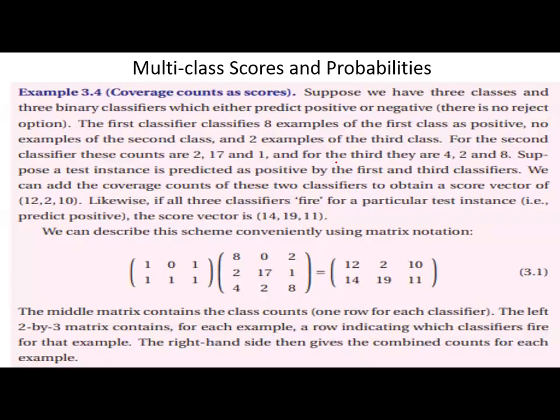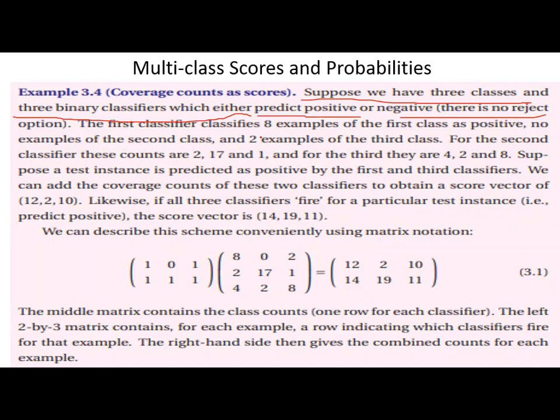Let us see an example. Suppose we have three classes and three binary classifiers which either predict positive or negative. There is no reject, of course.